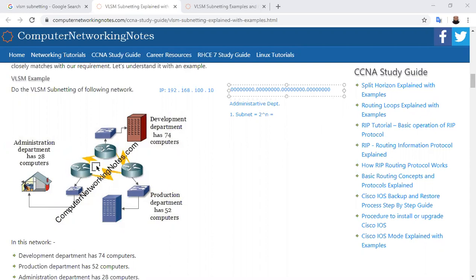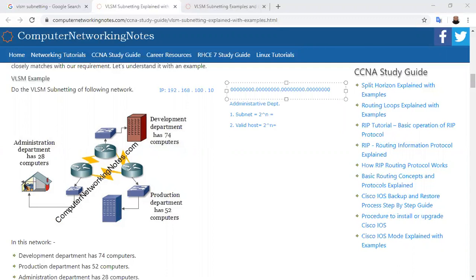This is the question. Number 2, valid host. Valid host means 2 power n, and we also know that n is the off bit. Off bit means 0 bit in the host part.